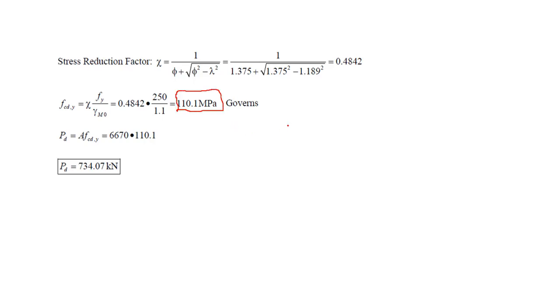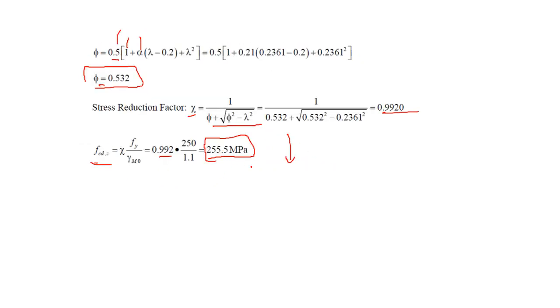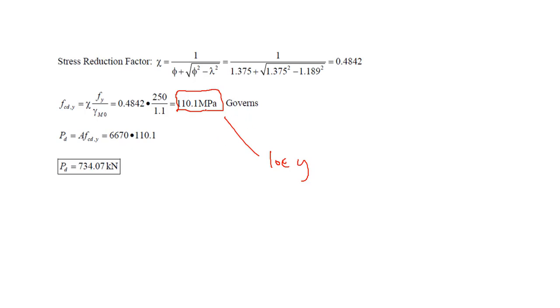So you got two numbers, in local y you got 110, and in local z you got 255. Pick up the minimum number, which is 110. That 110 shall be multiplied with the cross-section area to get the corresponding force right in here.